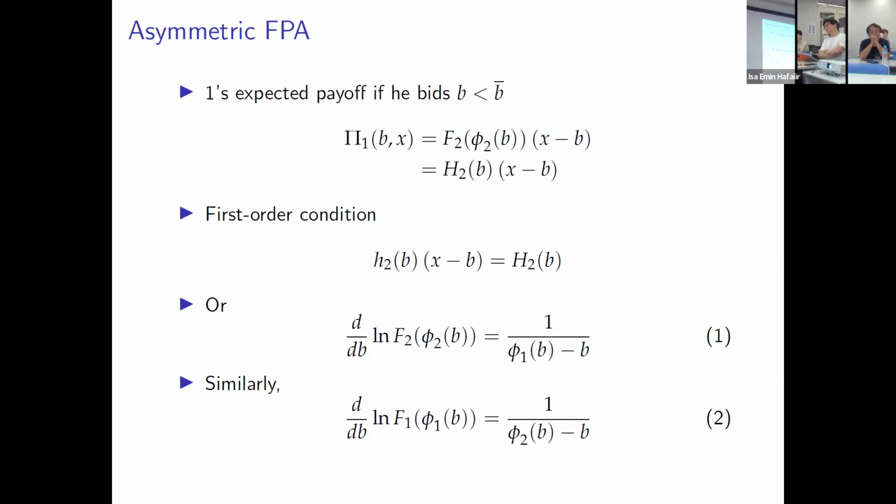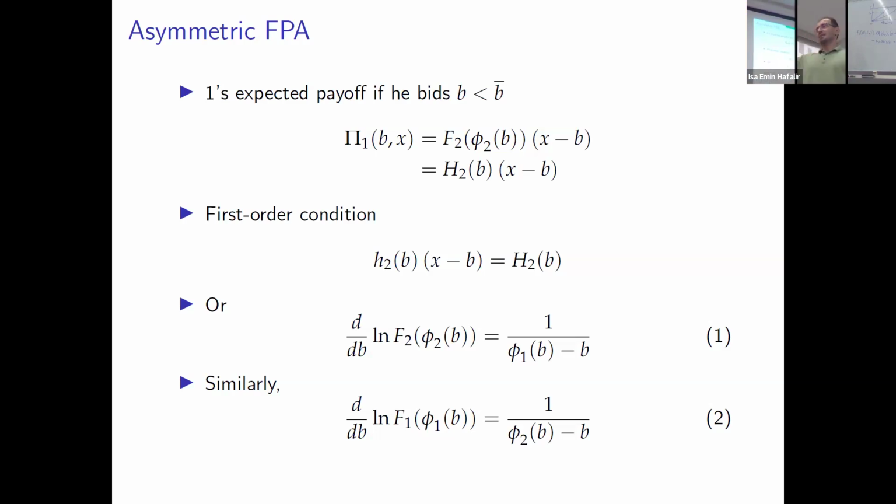But it turns out that for these asymmetric auctions, if you give the obvious initial condition of beta of 0 or phi of 0 equal to 0, then there is this 0 divided by 0 indeterminacy, right? Because when you look at the differential equation here, this becomes 0 at b equal to 0. So therefore it doesn't become tractable.